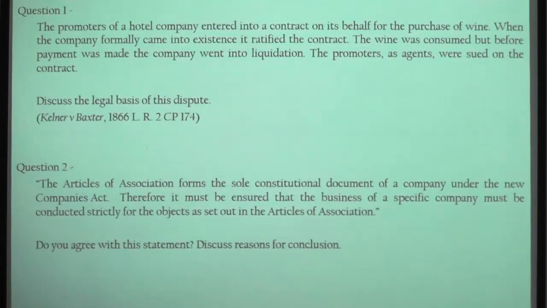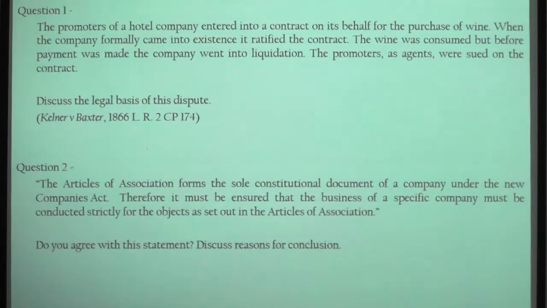Now, let us go back to the statement to see whether we can say yes or no. Do you agree with this statement?